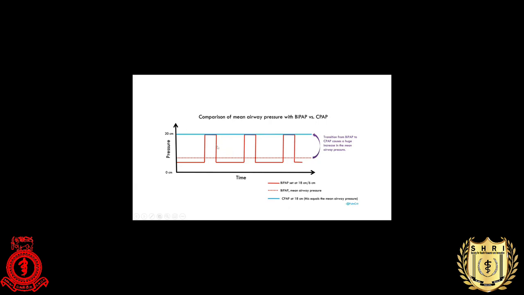This blue line is the mean alveolar pressure in a patient who is set to CPAP at 18 centimeters of water, and this dotted red line shows the mean alveolar pressure when you set the BiPAP at 18 over 6. So you can see that in CPAP, the mean alveolar pressure is greater than the mean alveolar pressure in BiPAP in that setup.